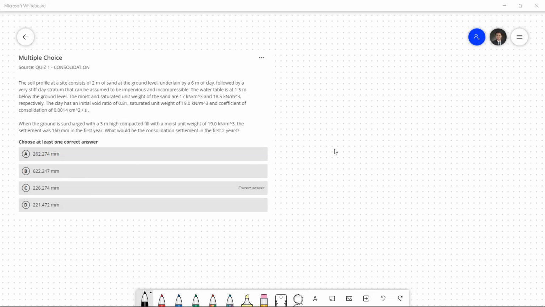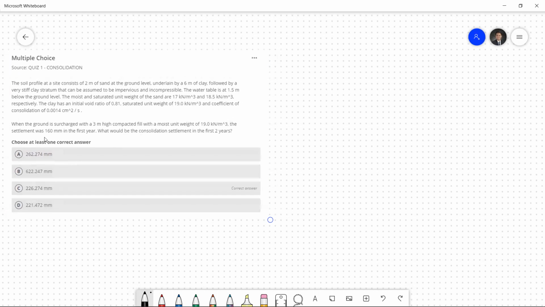Okay, so the problem is asking what is the expected consolidation settlement in the first 2 years. We are given that in the first year we have 160 millimeters of settlement. The problem is not saying that at the first year we completed the primary settlement, so we cannot assume that the soil completed the primary settlement.